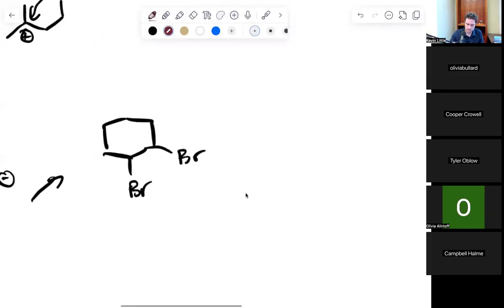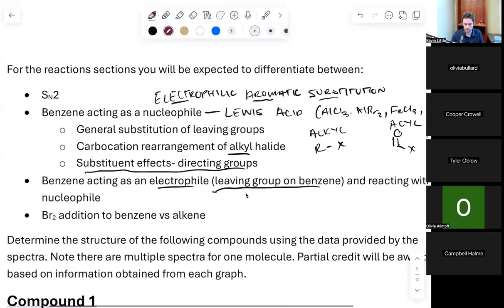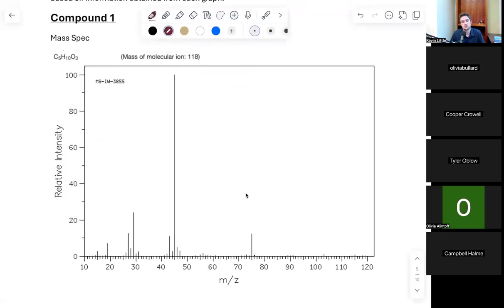This is a meso compound, and now both of those are stereocenters. That's review, so don't worry about that. If I want you to include stereochemistry, I'm going to make it very clear that we're doing stereochemistry. All right.